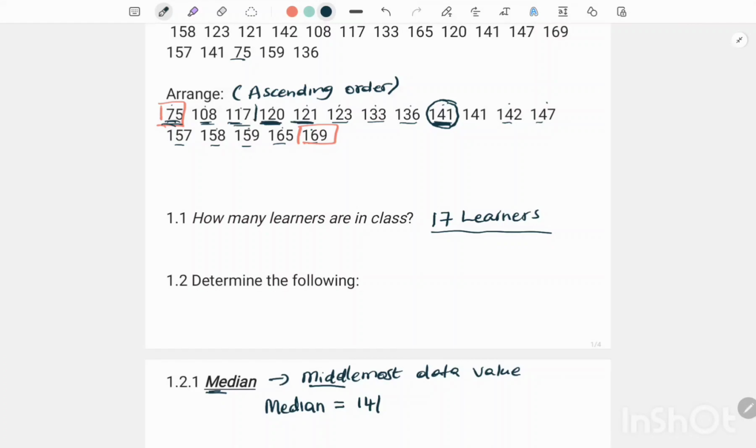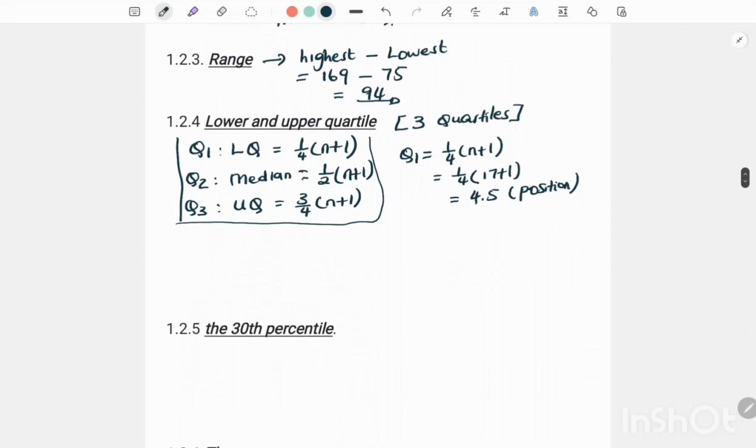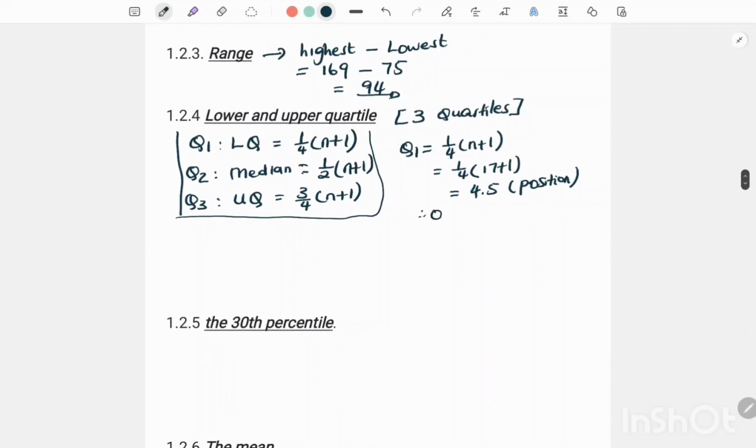So we are going to take 120 and 121. Then you add them. Therefore, your Q1 is equal to 120 plus 121 divided by 2, which gives 120.5 as your Q1.